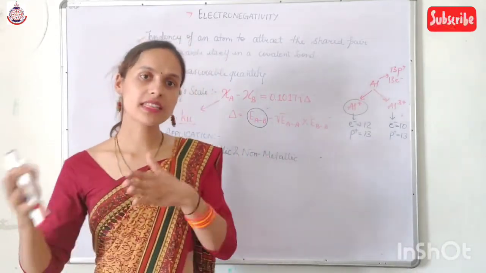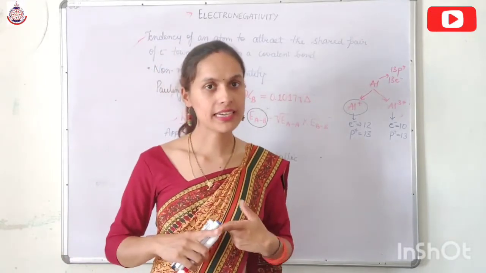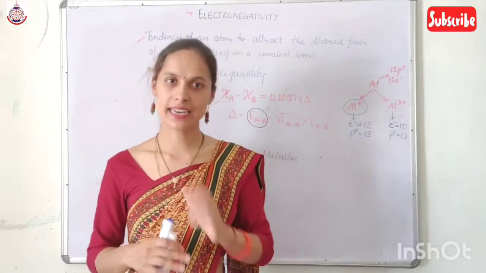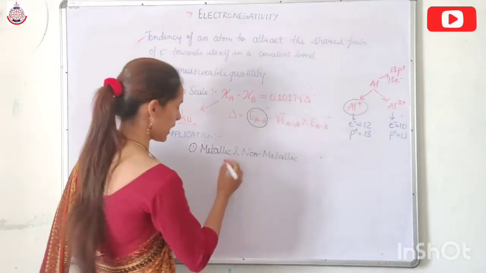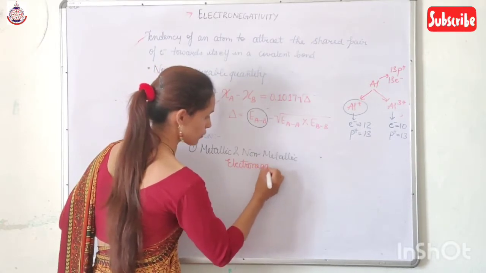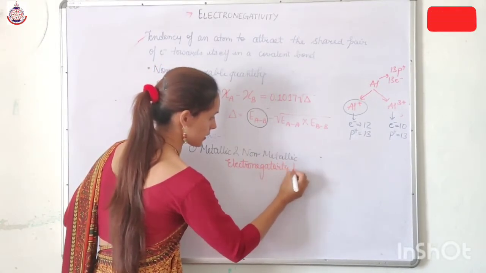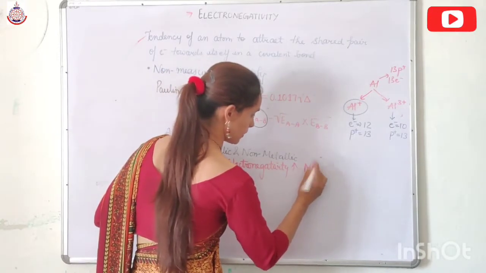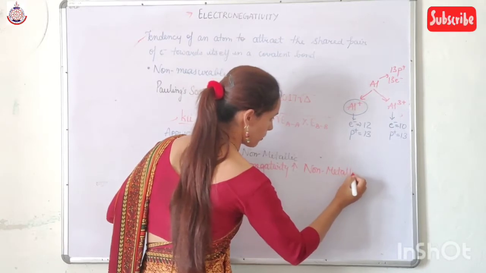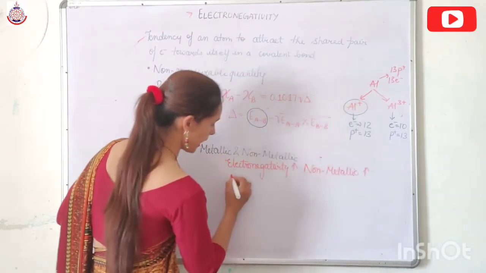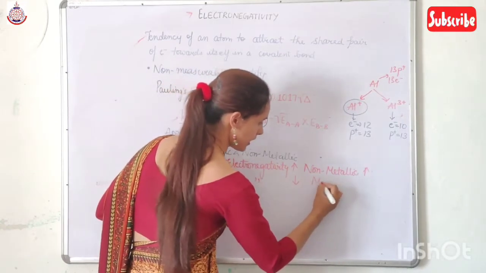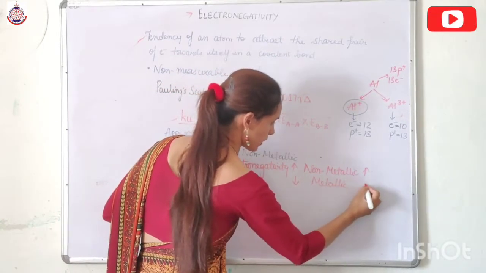So with increase in electronegativity, non-metallic character increases, and with decrease in electronegativity, metallic character increases.